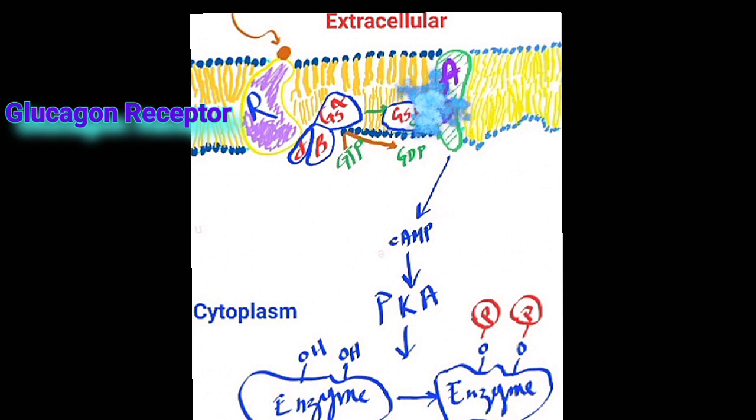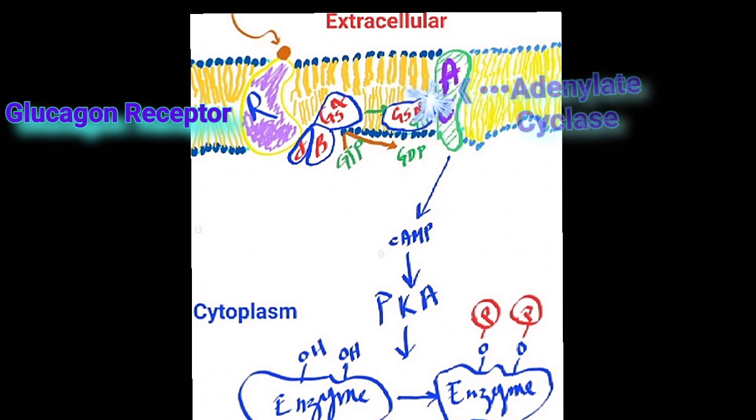Gs-alpha with GTP bound to it is now able to associate with the membrane-associated target enzyme adenylate cyclase and can stimulate its activity to produce cyclic AMP.